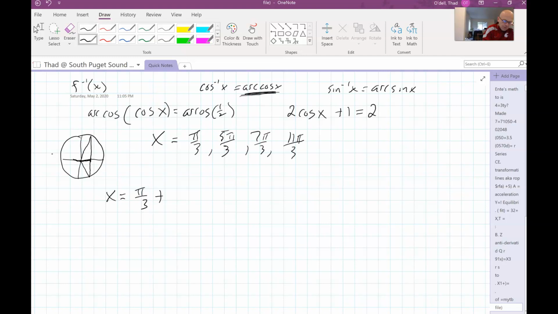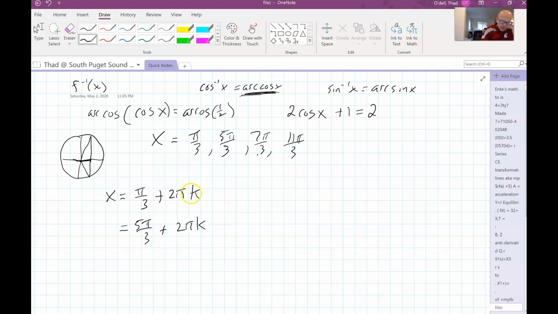So we go pi over 3 plus 2 pi k, where k is integers. But we also have 5 pi over 3 plus 2 pi k. And you can see that pi over 3 plus, if we put in a 1 for k, will give us that one. If we put in a 1 for k here, it'll give us that one.